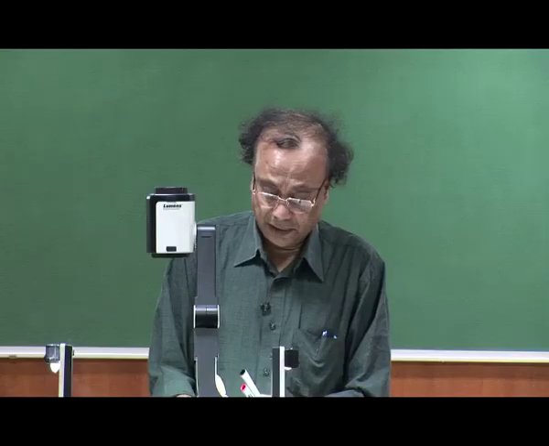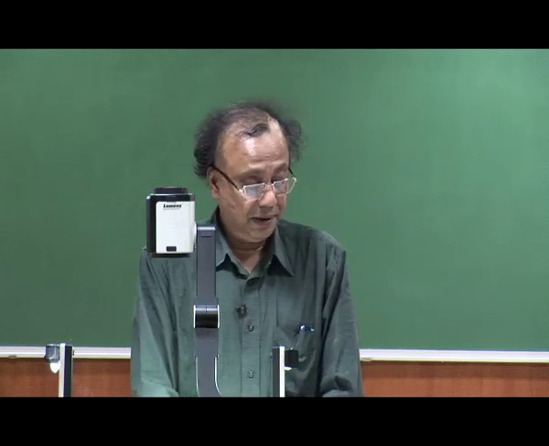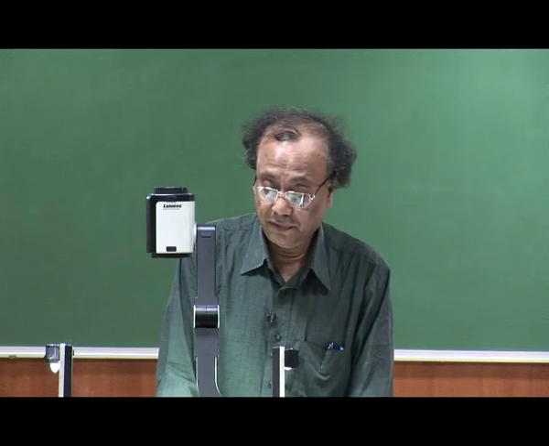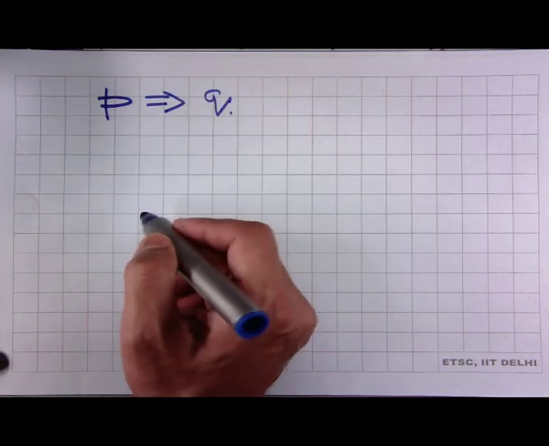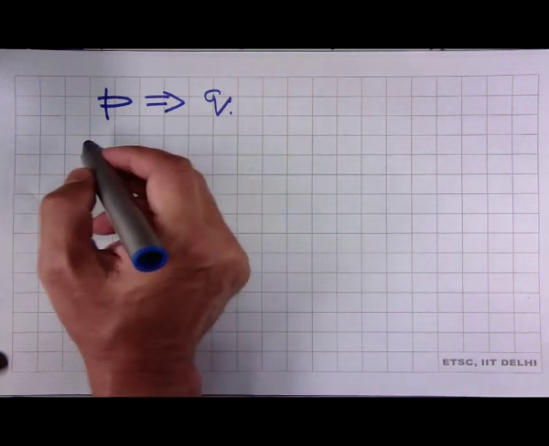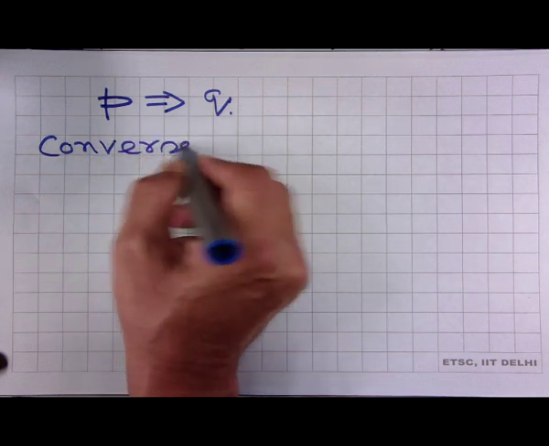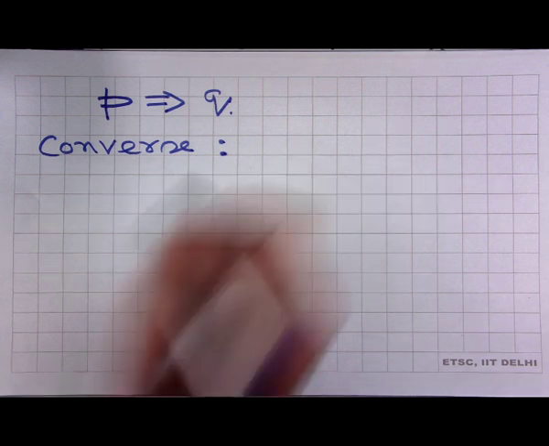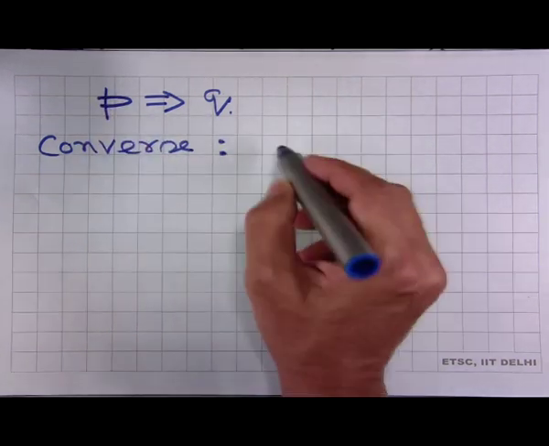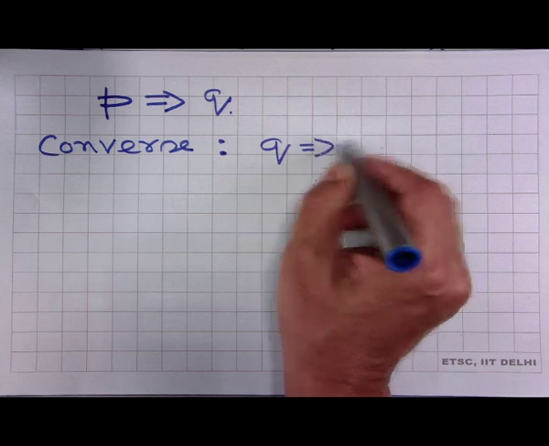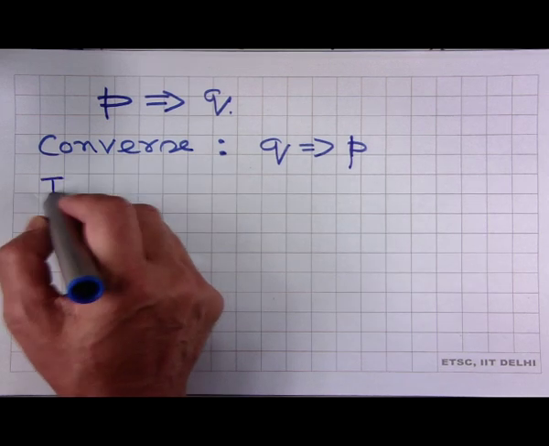All right. Now, I explain some interesting relationships coming out of P implies Q. What is the converse of it? The converse of it is that Q implies P. What is the inverse of it?